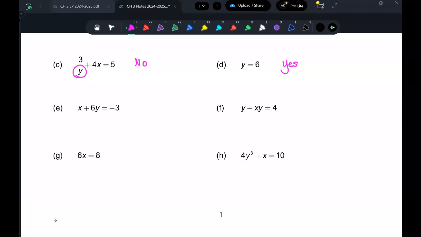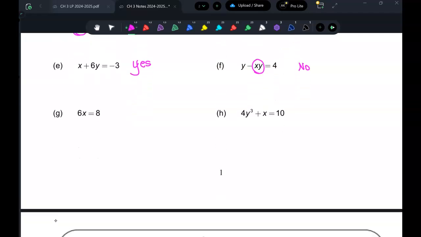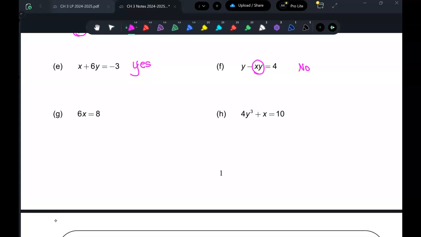Jack, E. Good. Eli, F. No. The problem is the x and y being multiplied. Good. Guy, what about G? Yes, good. Charlie, H? No. What's the problem? The power. Okay.